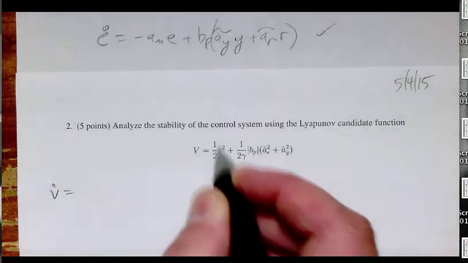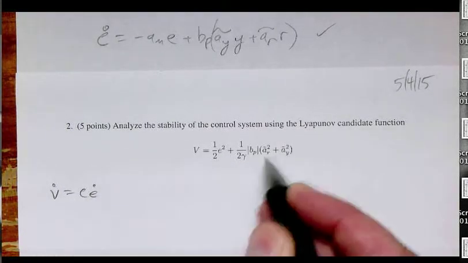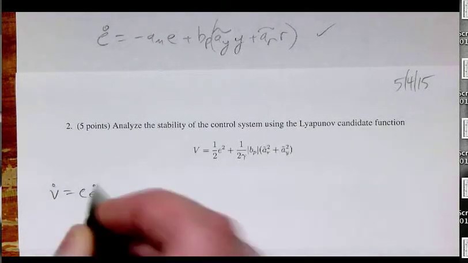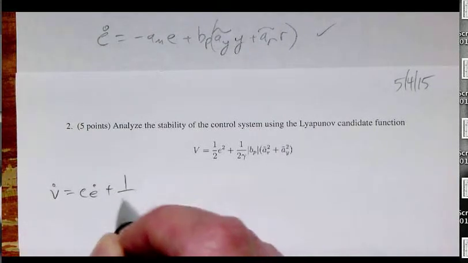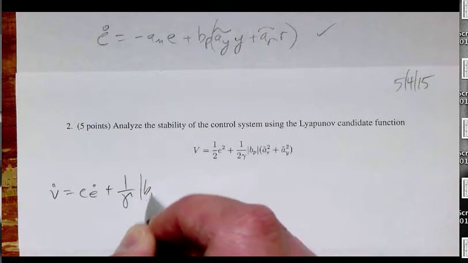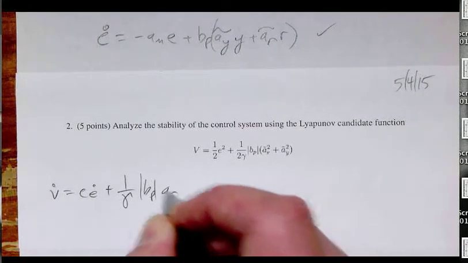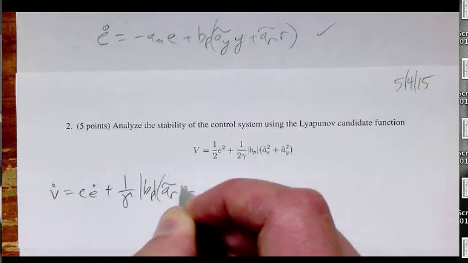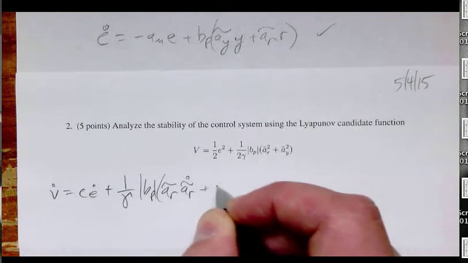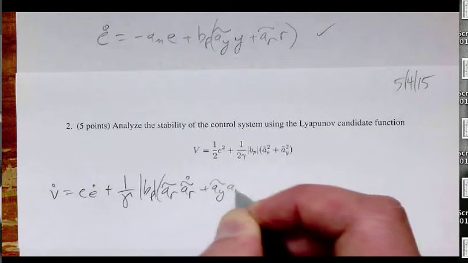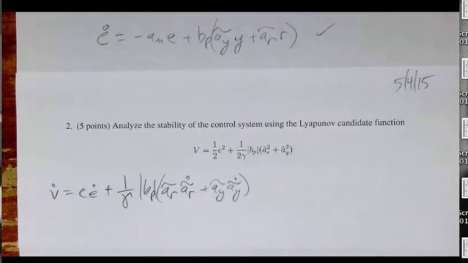So V dot is going to be E dot, and then these squareds will cancel in the denominator, so it's plus 1 over gamma magnitude of BP times AR tilde dot plus AY tilde dot.